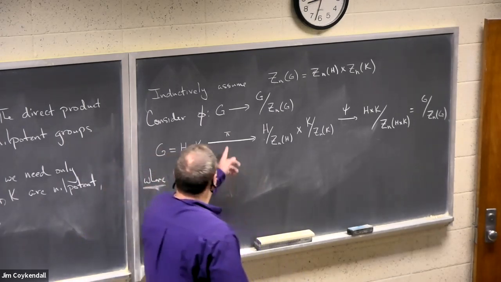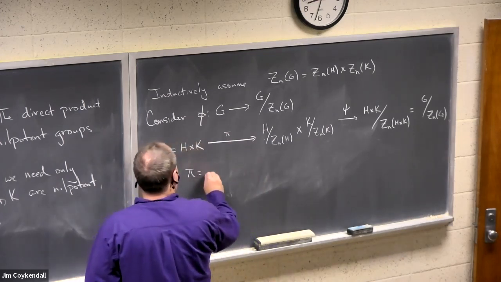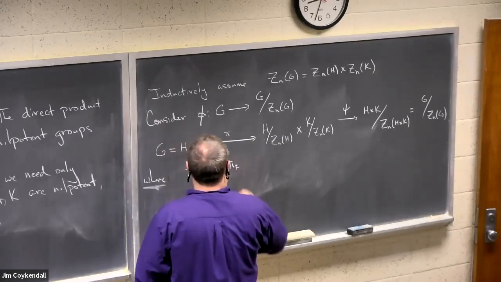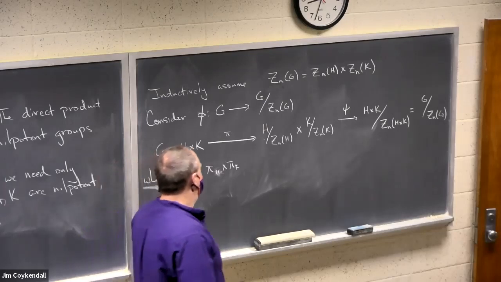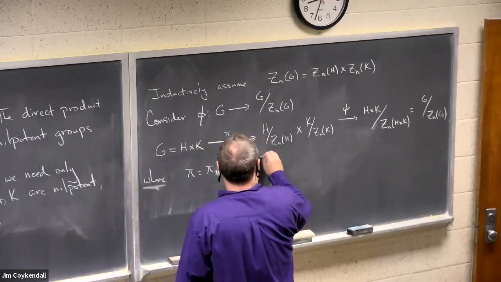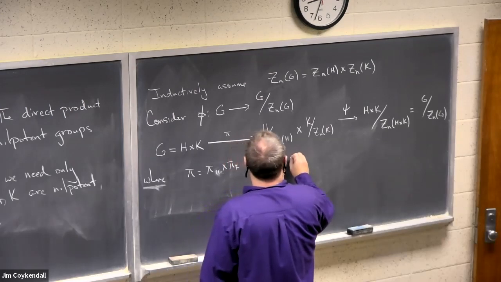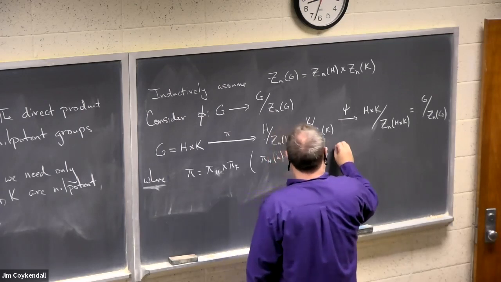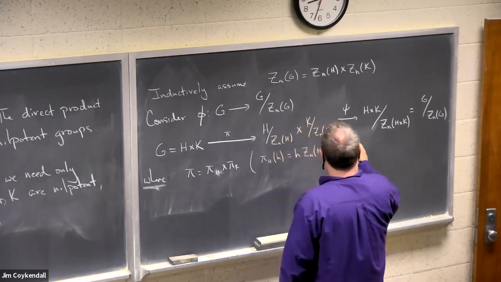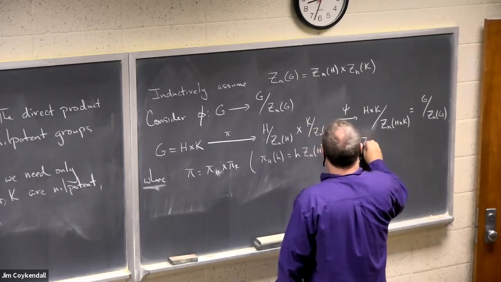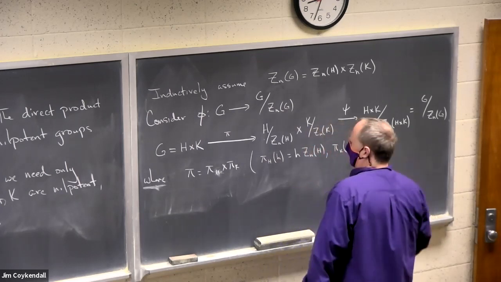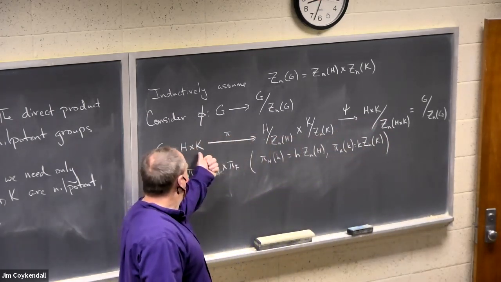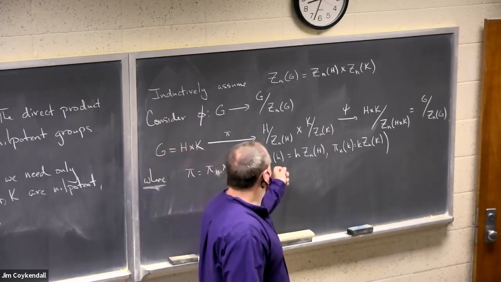Let me sort of break this apart here. By this notation, what I mean is pi takes (h, k) to the coset h Z_n H and the coset k Z_n K. So what pi does is it reads the H coordinate and K coordinate, because that's what that is, and it spits this out.